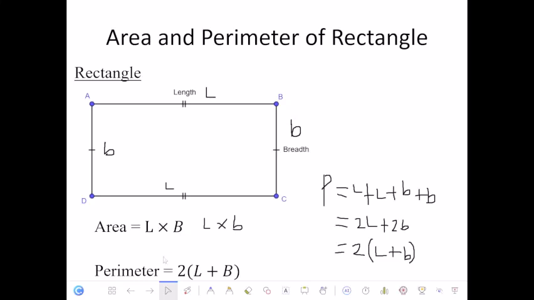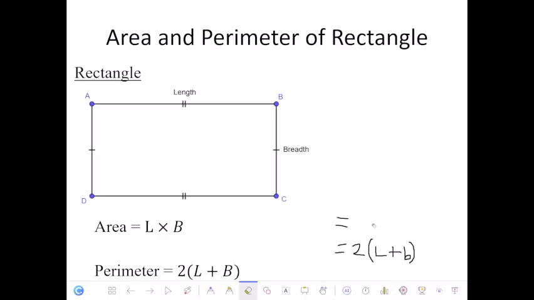Area is length and breadth, perimeter is 2 bracket L plus B. By the time you know this formula, you can solve millions of questions in area and perimeter of rectangle and square. This is all we did in class today, and I decided to make this video for us to watch and understand what we did in class.